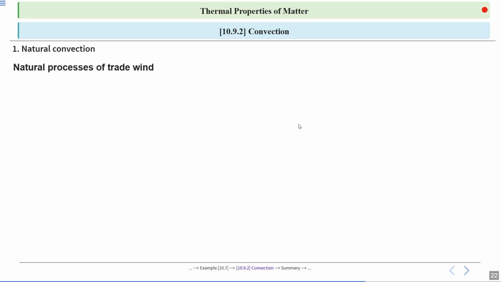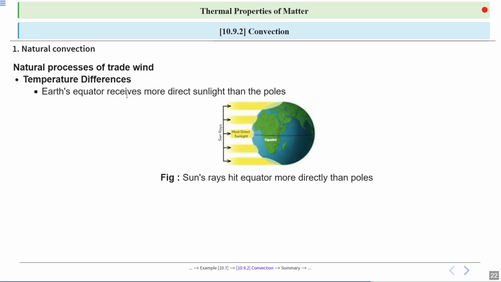Natural processes of trade wind. First, temperature differences. Earth's equator receives more direct sunlight than the poles. Earth is round, so sunlight does not fall equally everywhere. The equator gets more direct sunlight, so the air there becomes very hot.